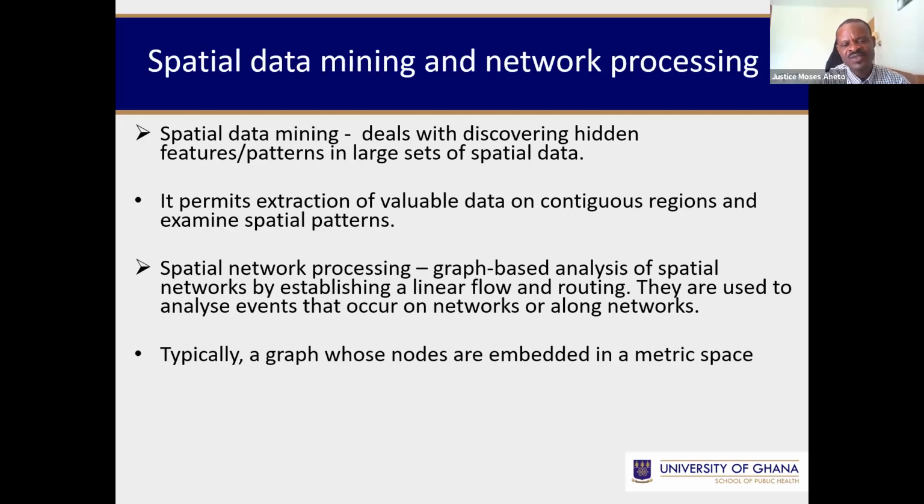Typically, we have a graph whose nodes are embedded in a metric space. So the more the connections at a particular place, the more the network around that area, or the more the clustering, meaning that if it's about people, more people go to that location for a service than to similar other locations in the study region.